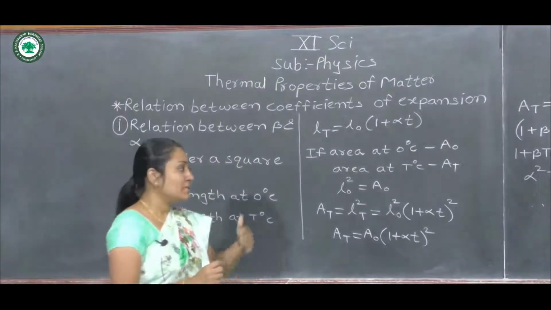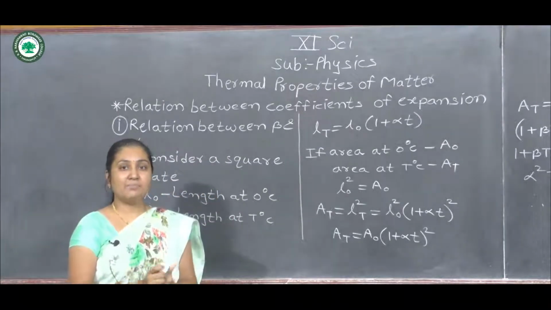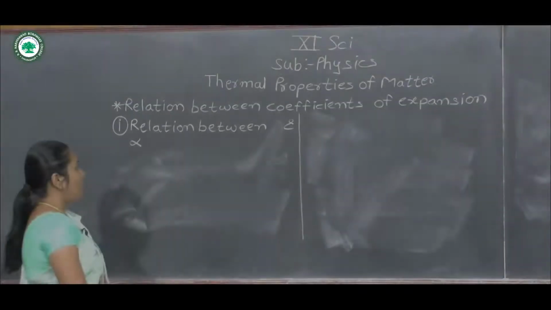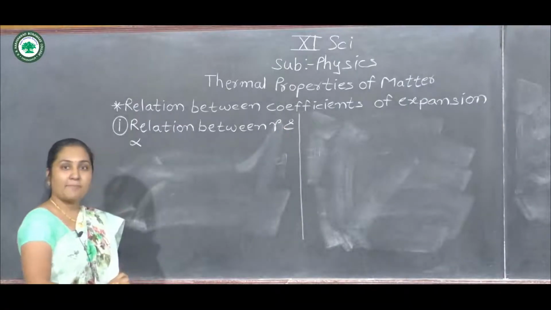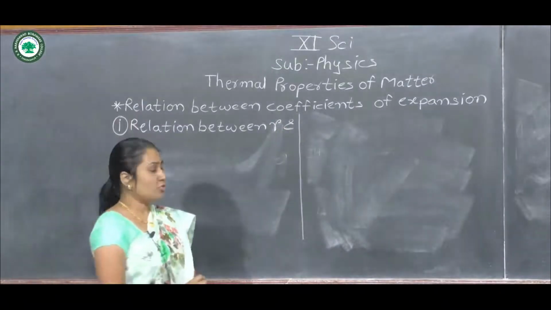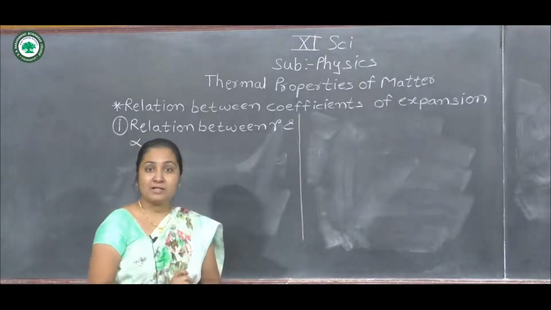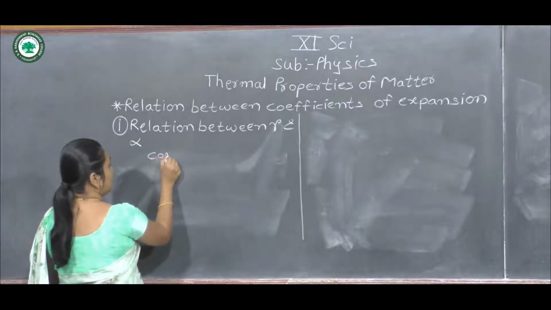Now the second relation that we have to find is between gamma and alpha. To find this relation, we will consider a cube.